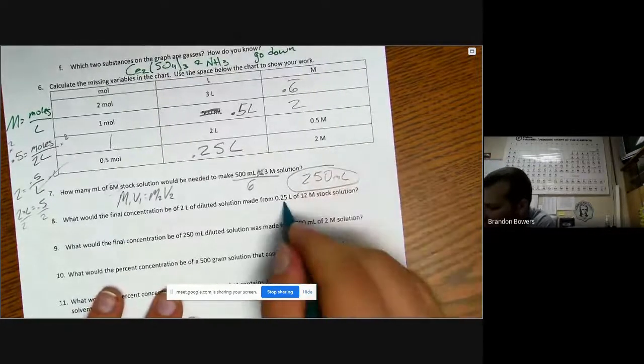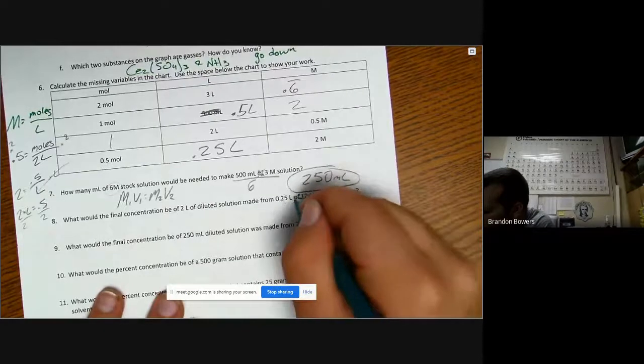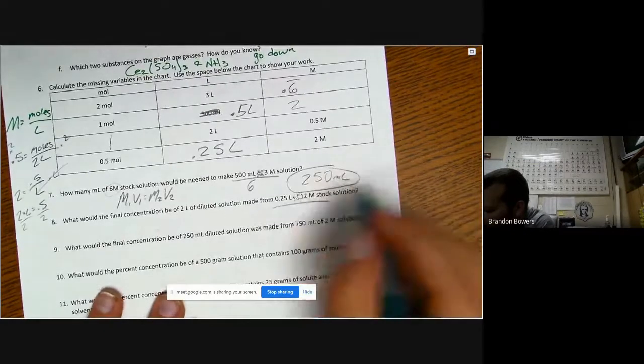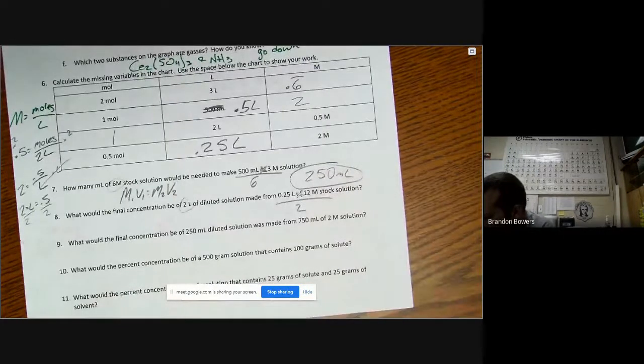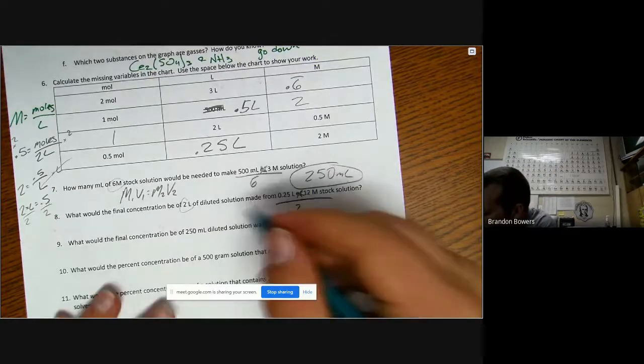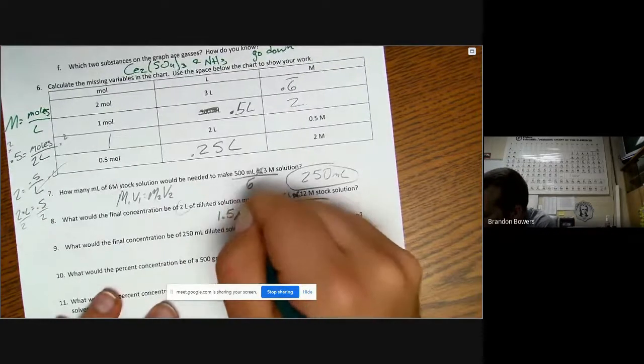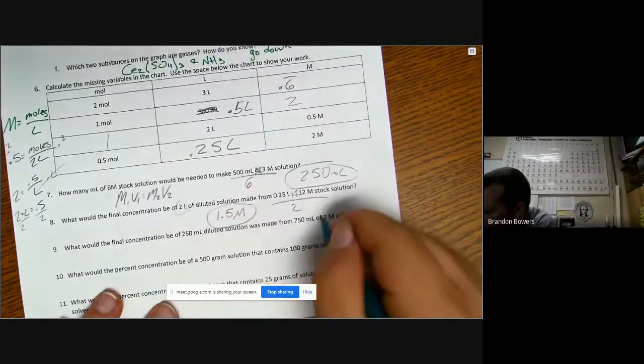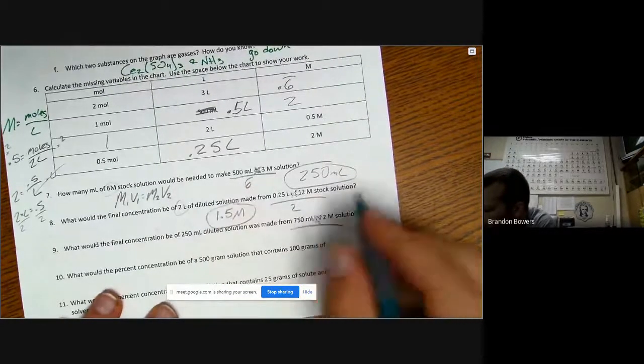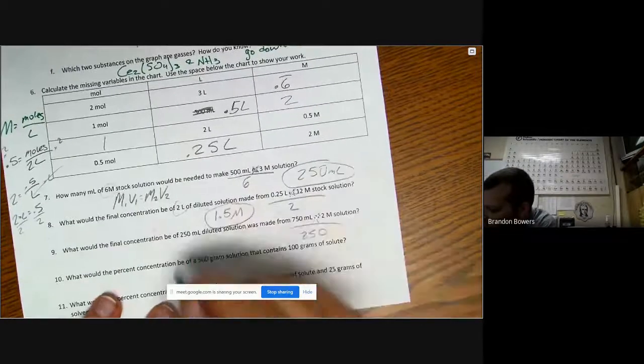Next one, 2 numbers separated by the word of. Multiply, divide by 2. I got 1.5. Okay, last one, multiply those 2 together, divide by 250. Your answer is going to be 6.